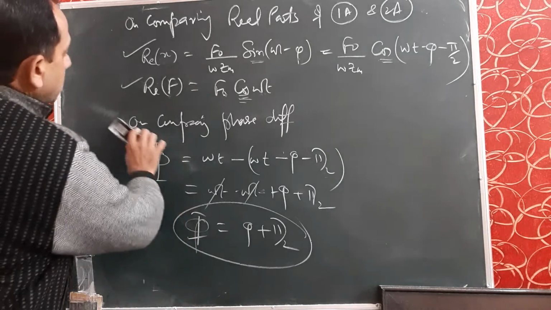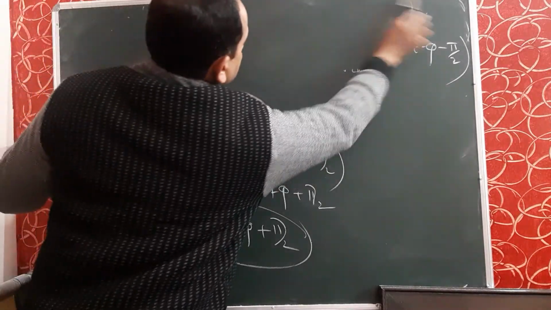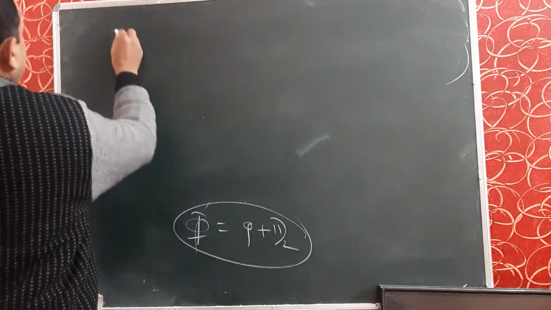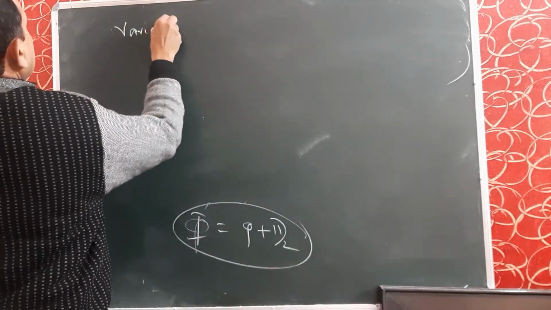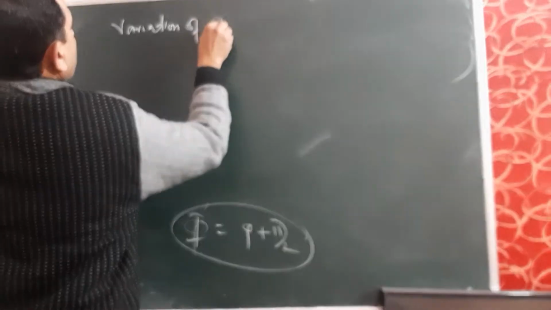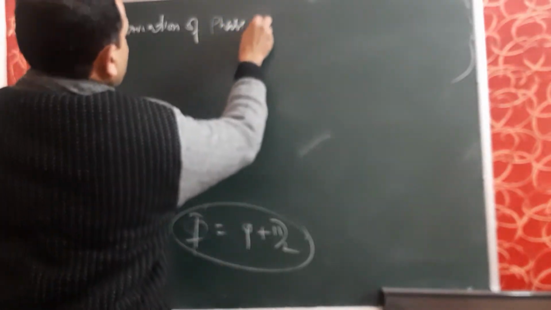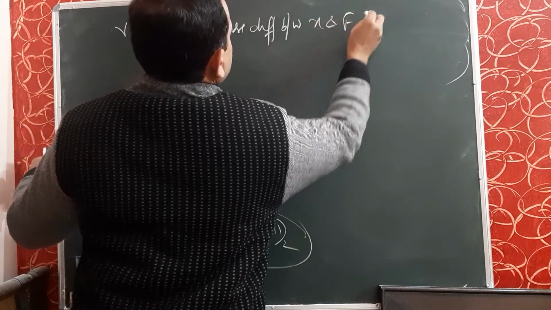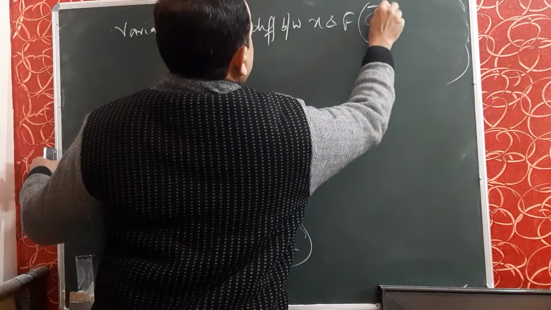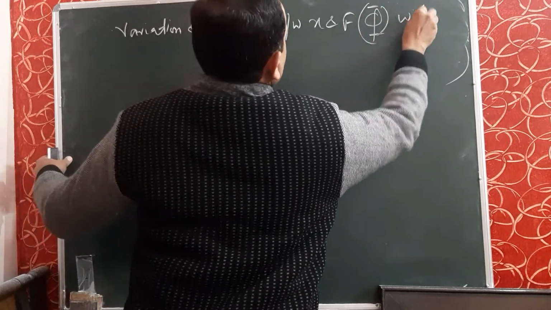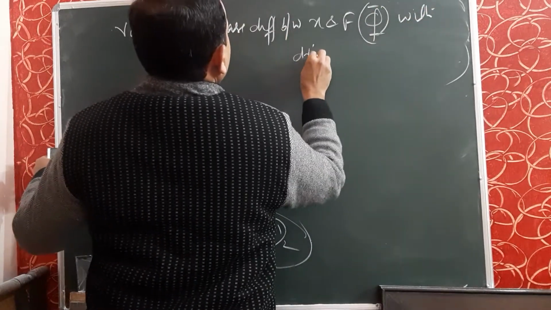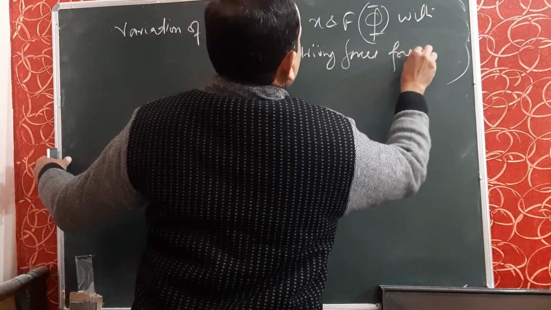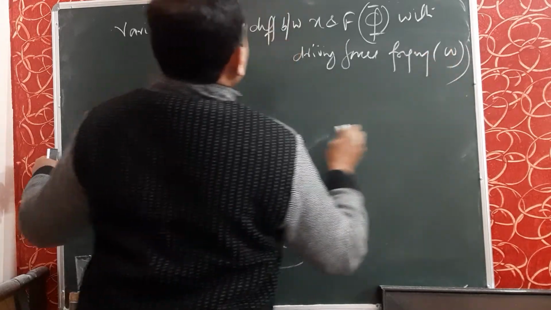Now, the next part is the variation of the phase difference between x and f, that is capital phi, with the driving force frequency omega.